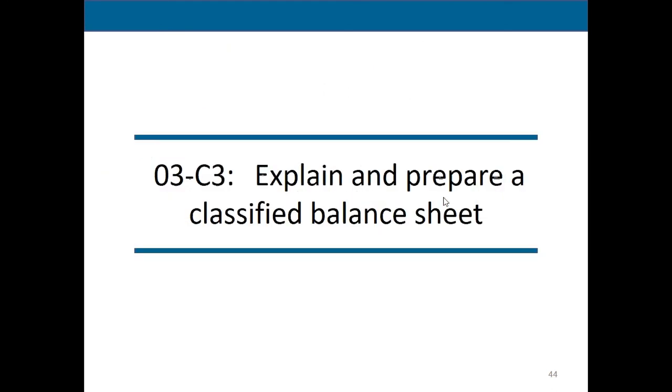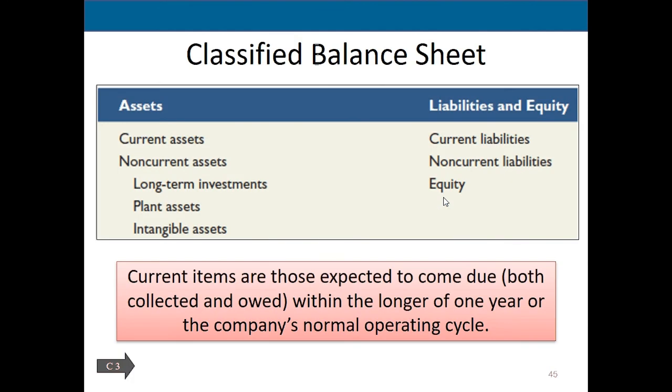All right, got to talk real quick about classifying the balance sheet accounts. A classified balance sheet. At this point, you've only seen that the balance sheet is assets, liabilities, and equities as a whole. But we can change that to have a little bit more meaning. So we can call our assets current and non-current, and we can call our liabilities current and non-current.